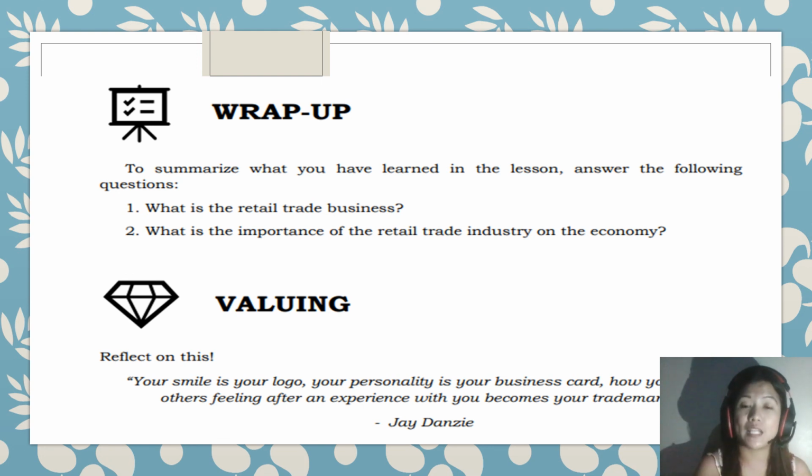Then, kung ano yung personalidad natin, it serves as our business card. At ngayon, kung paano natin i-appreciate, no, yung ibang tao at kung ano yung naramdaman ng mga tao after their experience of socializing with us, talking with us, yung na-encounter nila tayo, that will become our trademark. That is by J. Danzy.